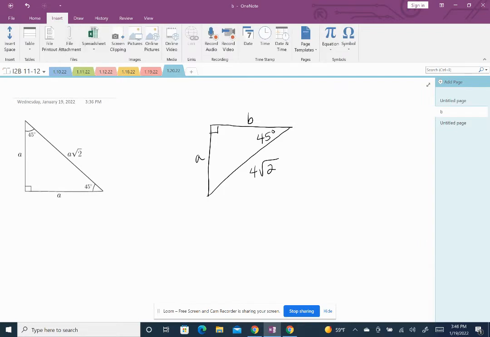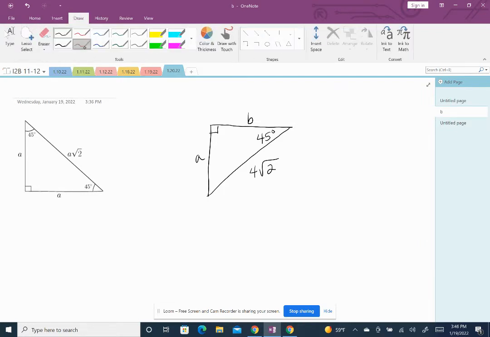Okay, so just a quick reminder, this is going to be my formula.